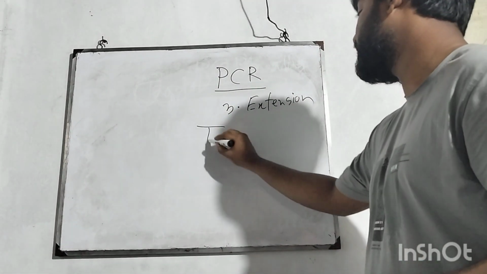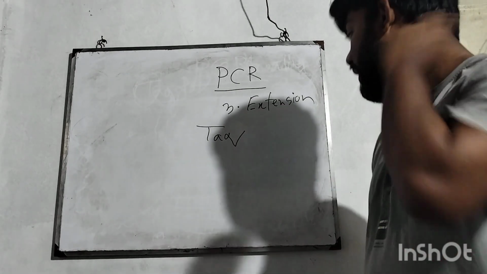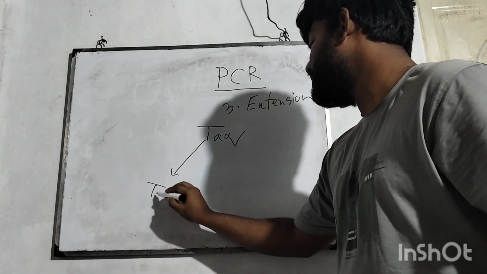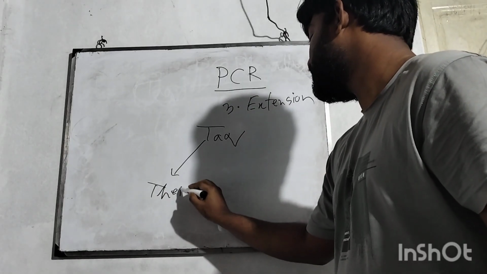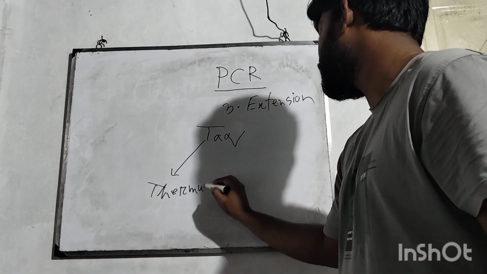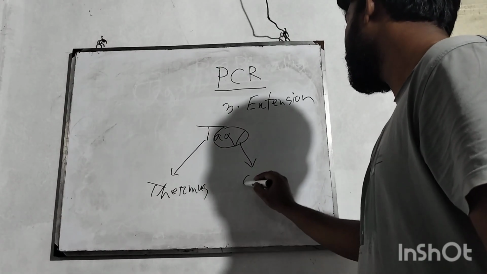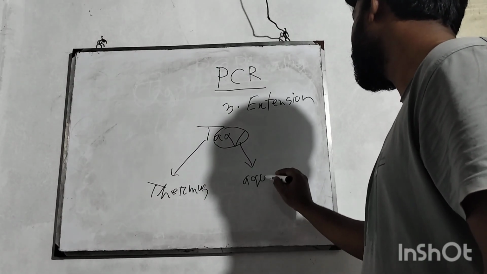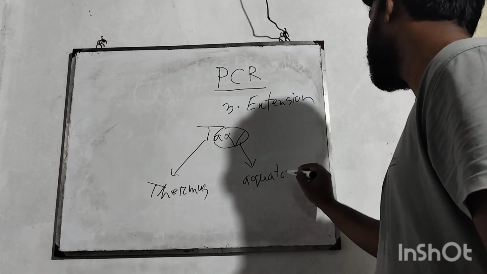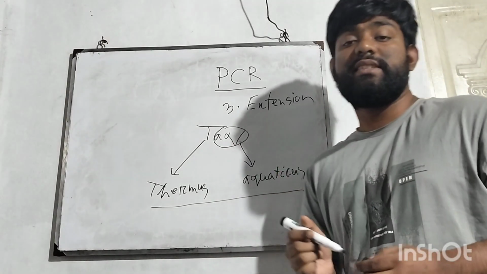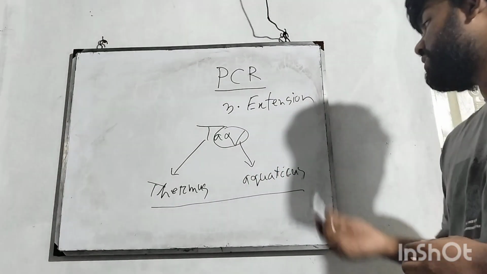Taq polymerase. T comes from the name Thermus, and AQ comes from the name aquaticus. Thermus aquaticus is a bacteria which is found in hot springs.